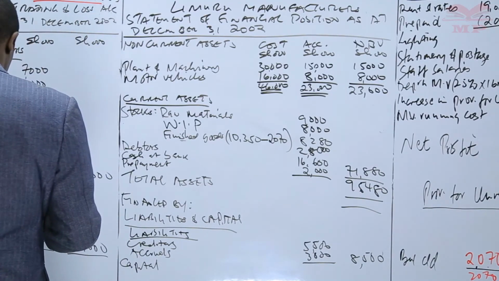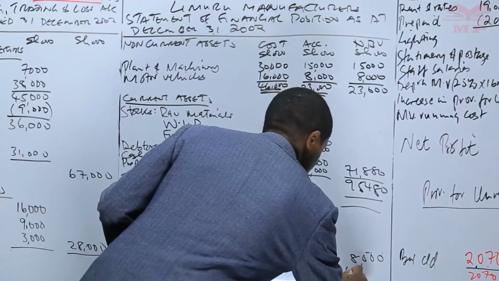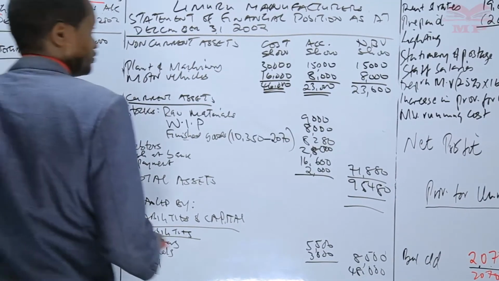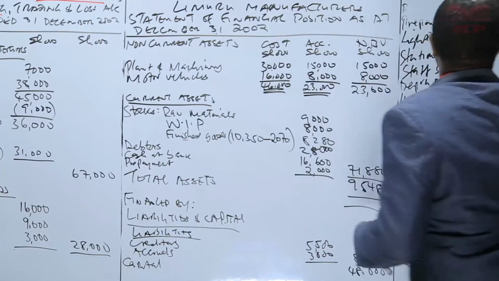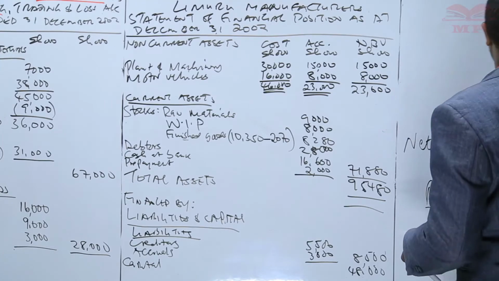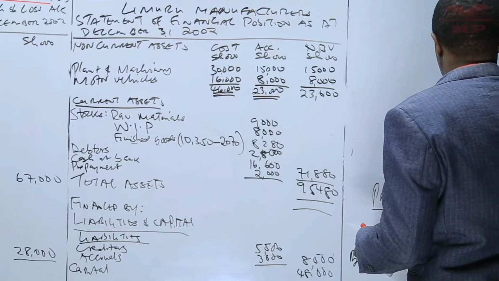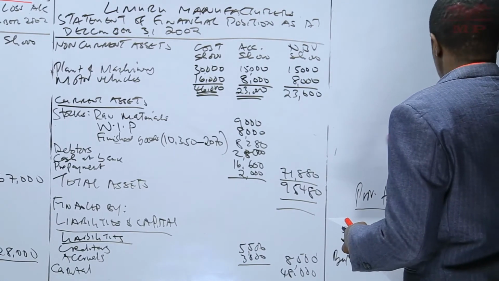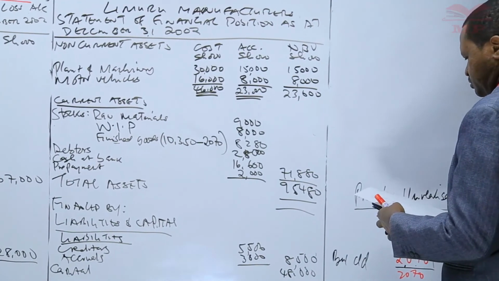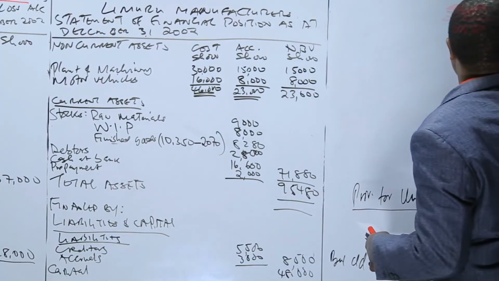Then we have the capital. The capital is 48 million. The net profit, you can have it this side. Net profit. So then you have the two columns.